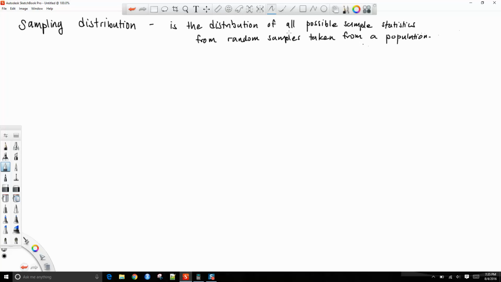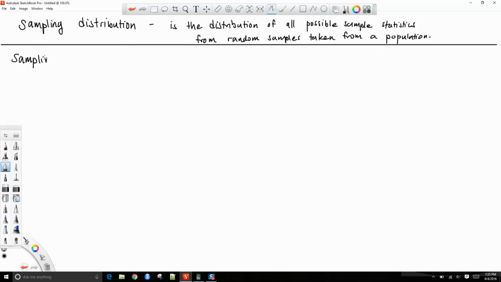Now this may not make a whole lot of sense at this point, and that's okay. I'm going to try to illustrate how we generate a sampling distribution. We're going to do the sampling distribution of p hat.